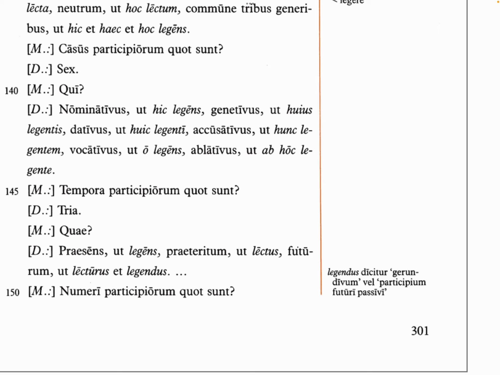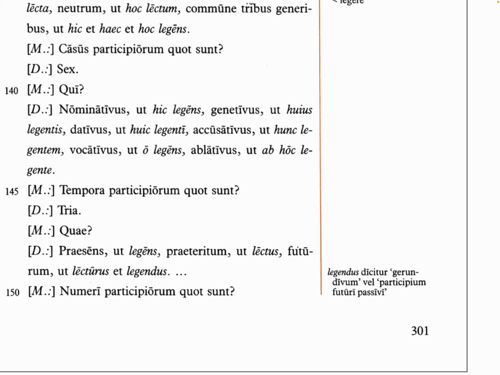And then, finally, futurum, future, ut lecturus, et legendus, as, for example, lecturus, meaning going to read. That's a future active participle. Notice the stem from the fourth part, lect, and then the UR infix. And legendus here is a so-called future passive participle, which we also call the gerundive. Literally, it's like to be read. Like I could talk about a liber legendus, a book that is to be read, like I really ought to read it.